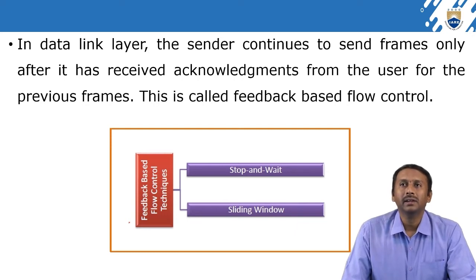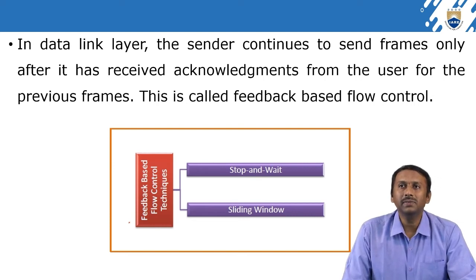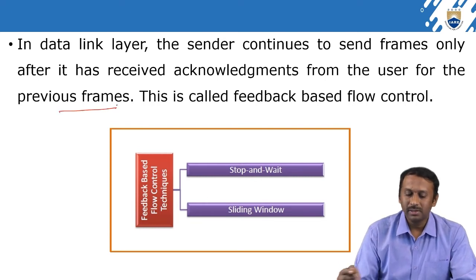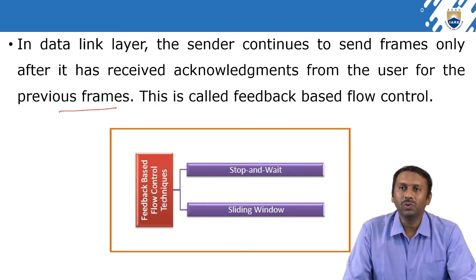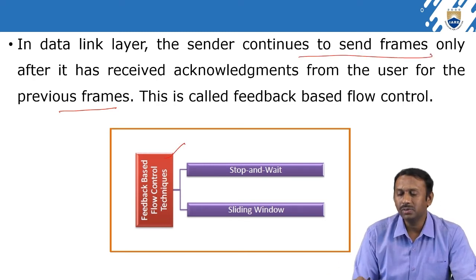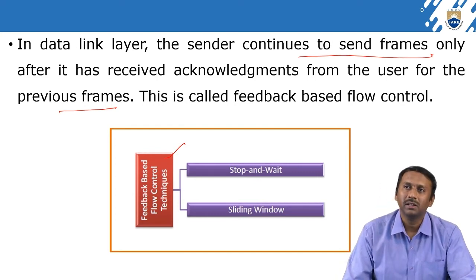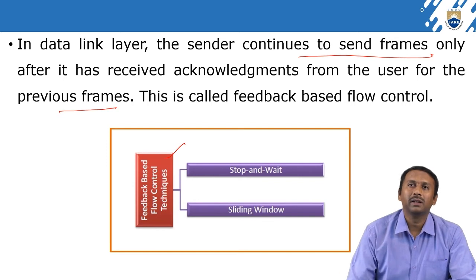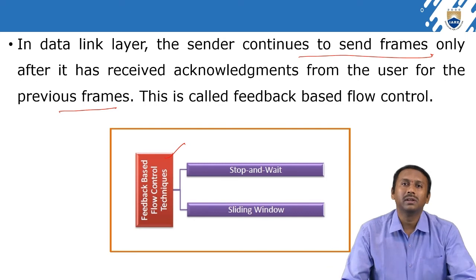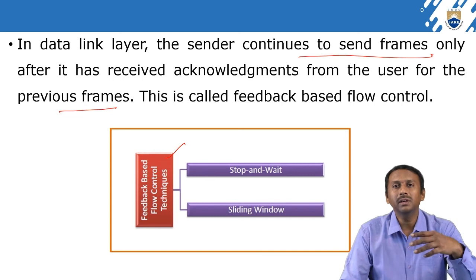In the data link layer, the sender continues to send frames only after it has received acknowledgement from the receiver for the previous frame. This is called feedback based flow control. Only the previous frame's acknowledgement is received, and based on this we transmit the next frames.